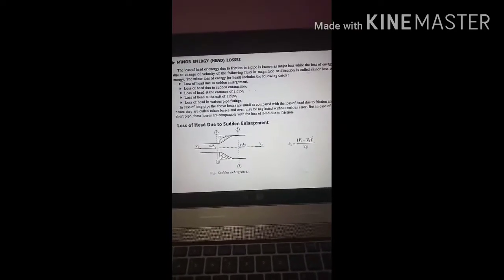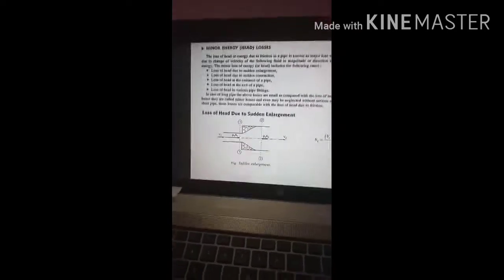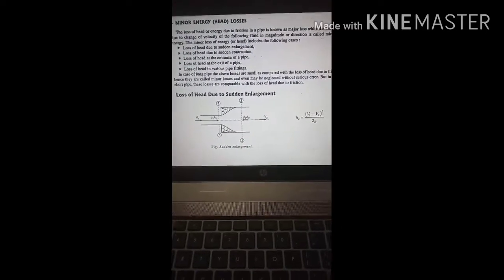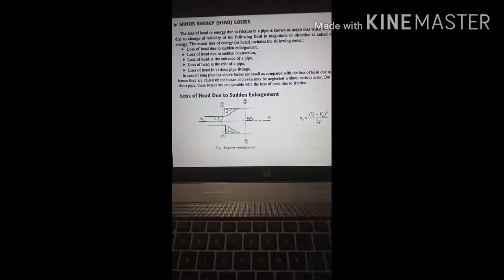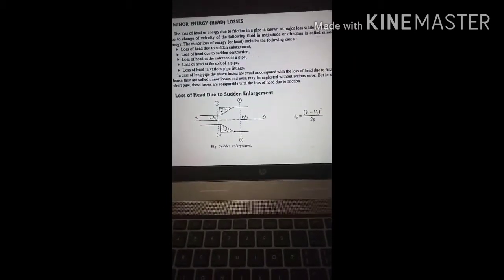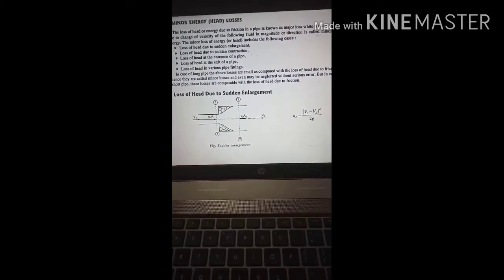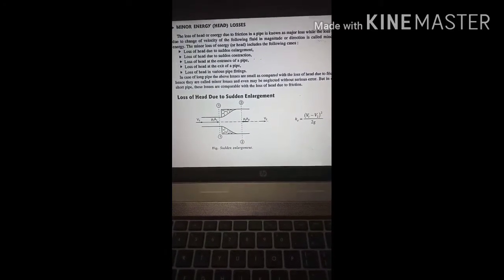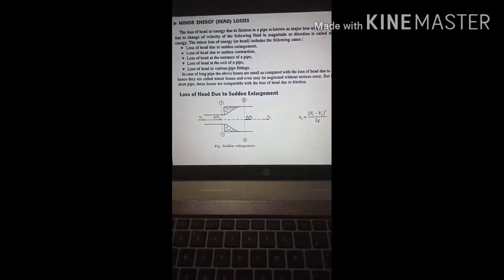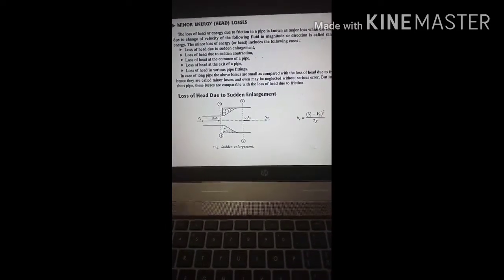Now how to calculate these minor losses? Here we will see only the formulas for the different types of minor losses. First, let us see loss of head due to sudden enlargement. If you see the figure, the pipe area is suddenly increasing. That's why the velocity is reducing, because area is increasing, velocity is reducing.